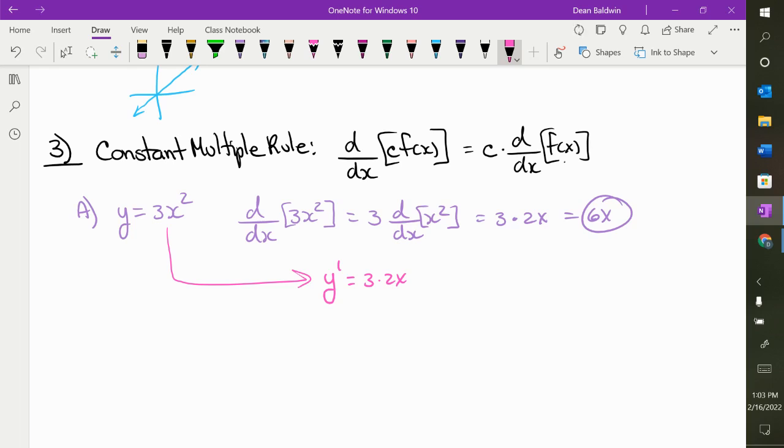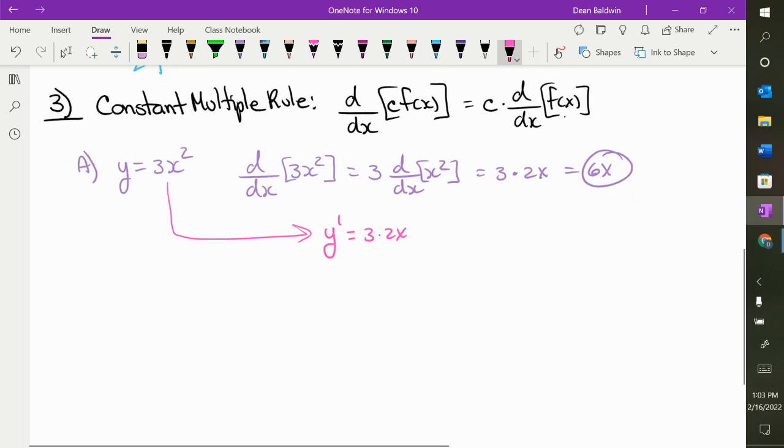Because it is a limit, so we can apply limit properties to it. You would probably just do that in your head in one step and say it's 6x. But that's why you can do that. Okay.